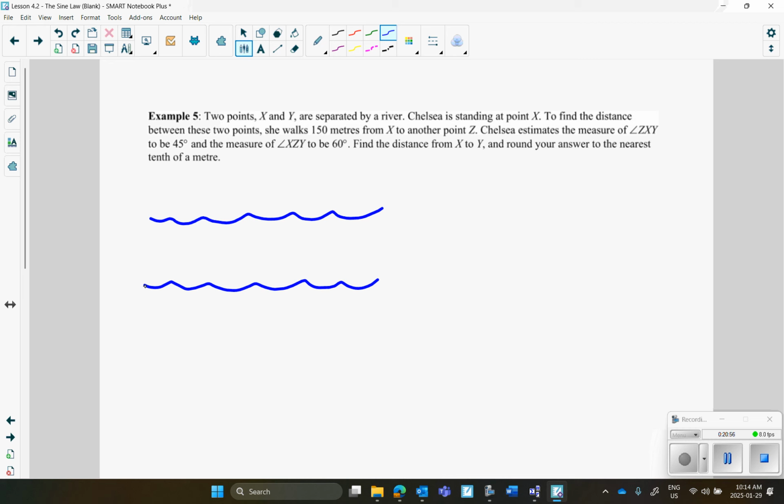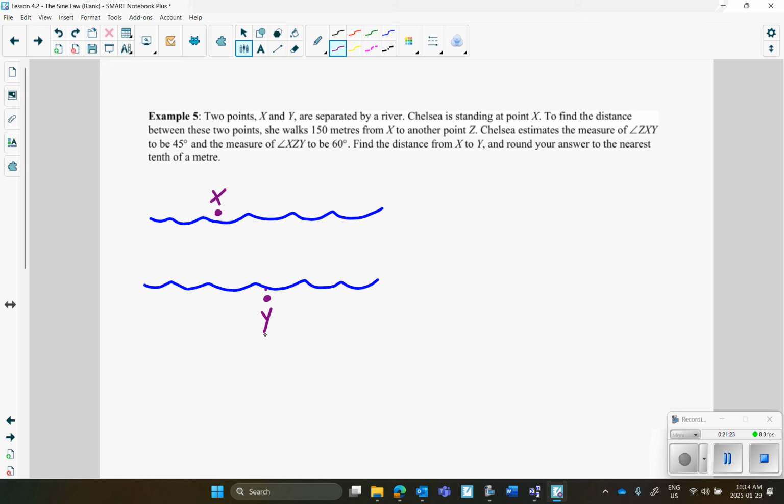We've got 2 points X and Y that are on opposite sides of the river, not necessarily directly apart from each other. So I wouldn't put them directly apart. I would say put X here and put Y here, because then you might get confused that it's a right triangle when it's actually not going to be.